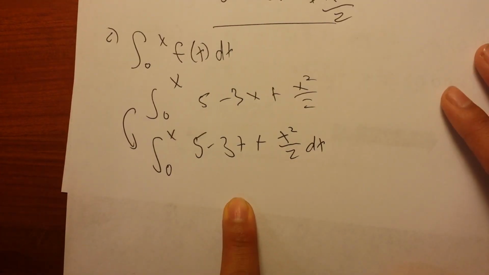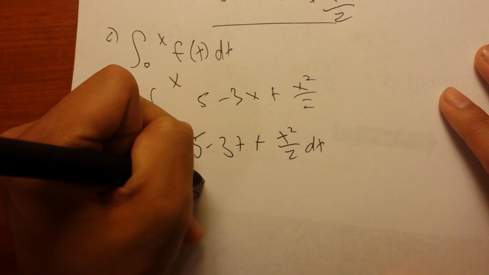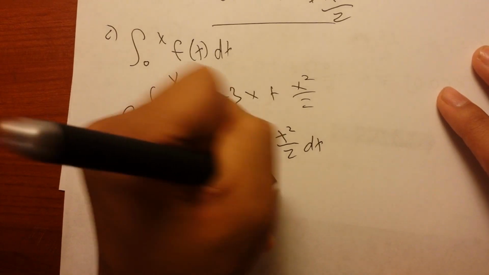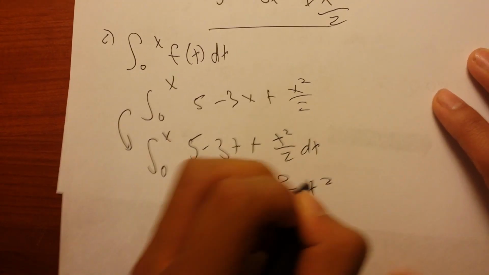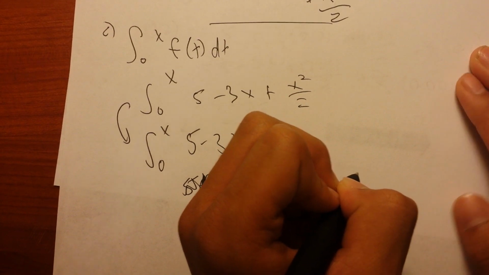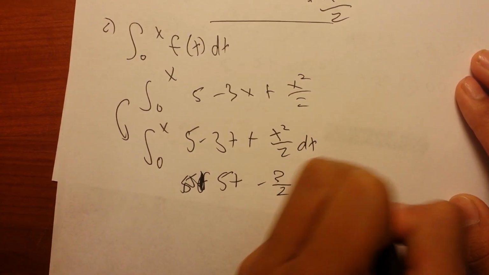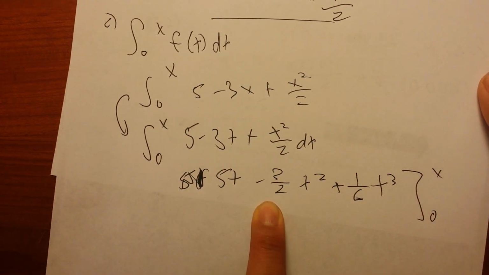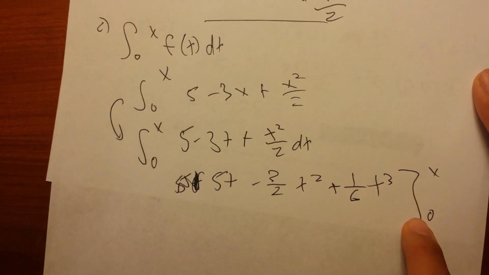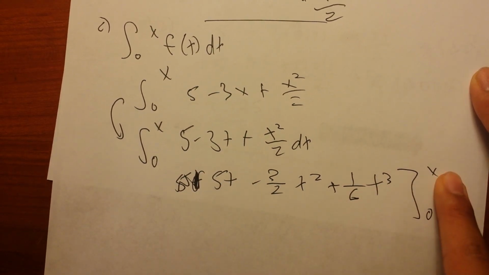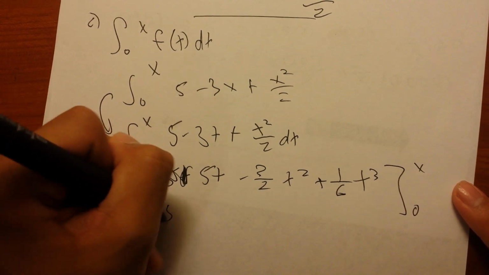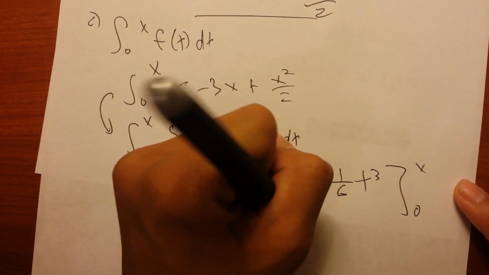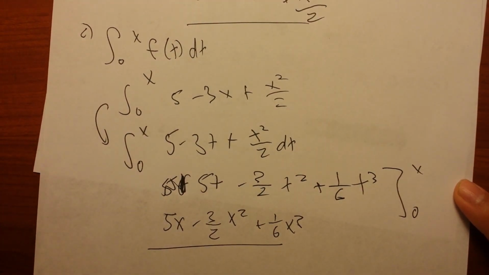Then we can simply integrate this, and once we do that, we get 5t minus 3 halves t squared plus 1/6 t cubed from 0 to x. Because all of these have a t, when t equals 0 everything is 0, so we just subtract 0, substitute x, and we get 5x minus 3 halves x squared plus 1/6 x cubed. This is our answer for part C.